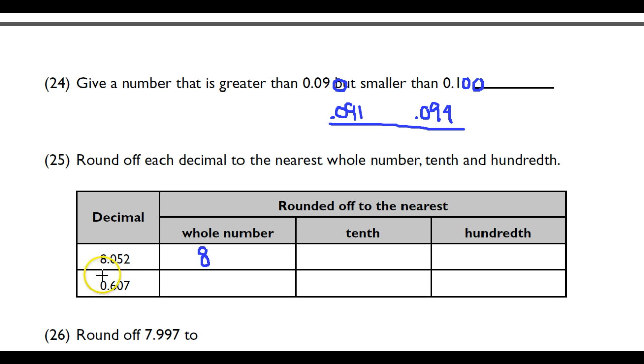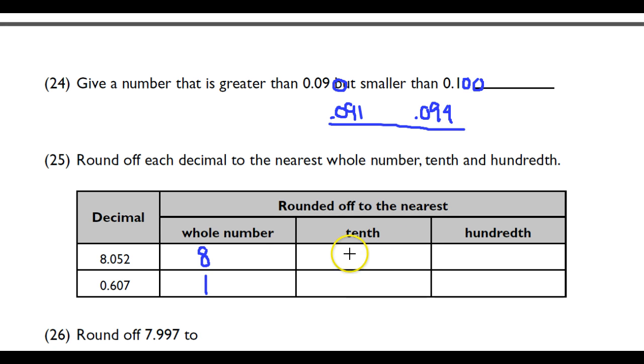But whether I'm going to change it to 0 or to 1 depends on this number 6. Now this number 6 is nearer to 1, so over here the whole number is 1. 0.607 is nearer to 1 whole, and on top 8.052 is nearer to 8 but not nearer to 9.